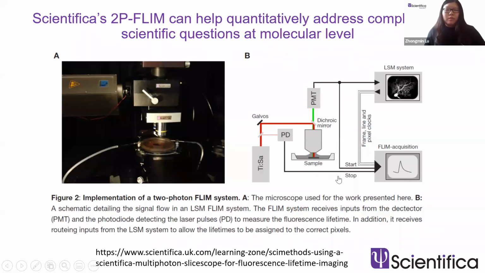Remember, we have to do this lifetime measurement. Then this is FLIM acquisition. Combining these two, we have really comprehensive quantitative information on what is really going on at the molecular level.